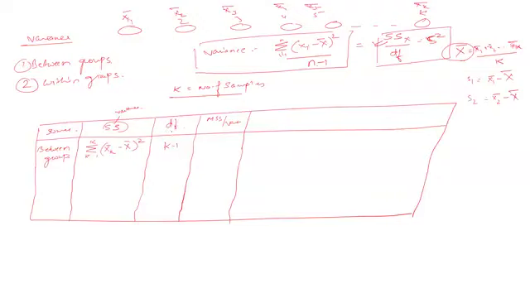So I'll put it as SS by DF. Instead of making it a generic equation, I will put it as SS between divided by DF between.